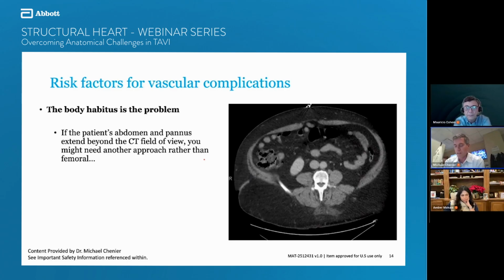And second, the TVT data really doesn't do a good job at capturing this, but for this patient on the screen, or at least partially off the screen, how do you adjust your approach for these severely morbidly obese patients? Are you doing femoral cutdowns? Is it alternative access? What are your thoughts and strategies for those? I guess we'll pause there for a minute.